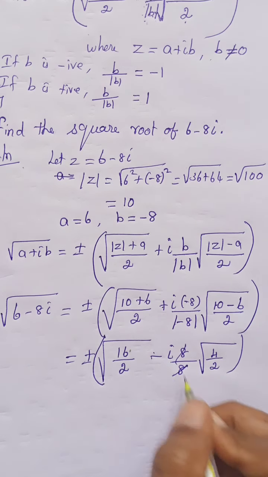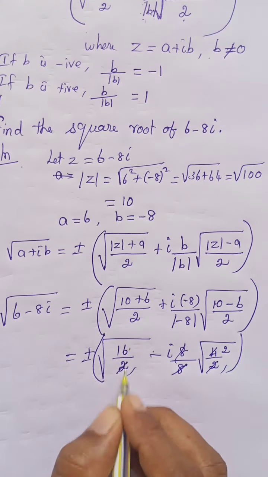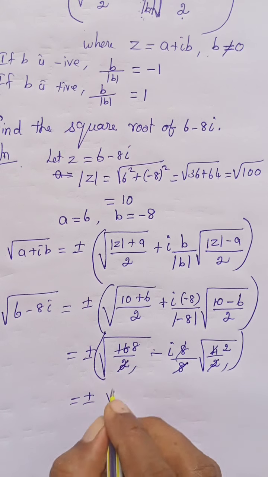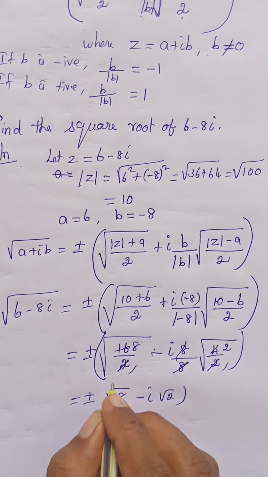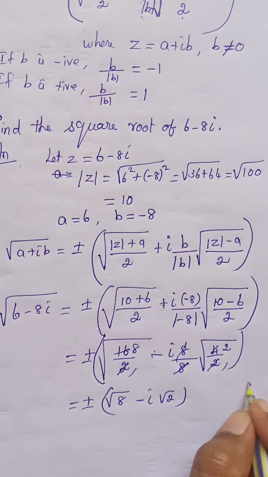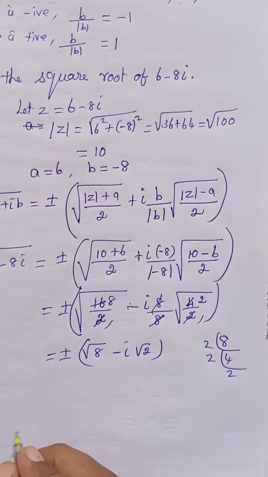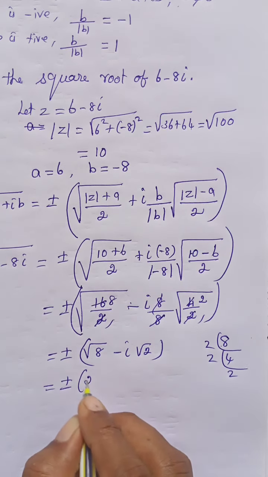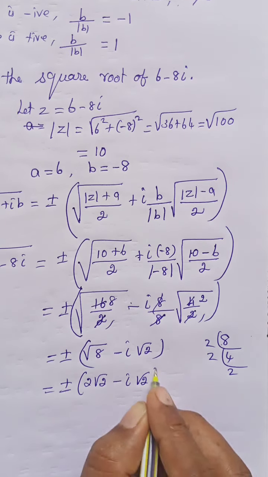See, 8 and 8 will get cancelled. 2 2s are 4, here 2 4s are 8. So plus or minus root 8 minus i into root 2. But root 8 can be written as 2 into root 2, minus i into root 2.